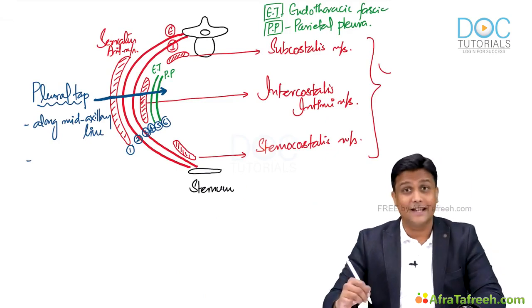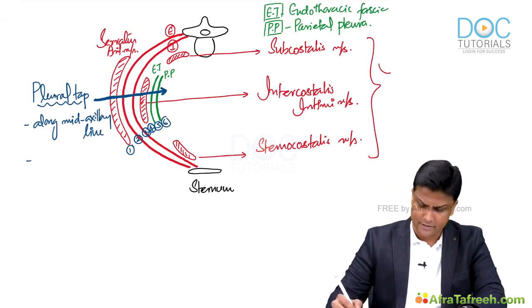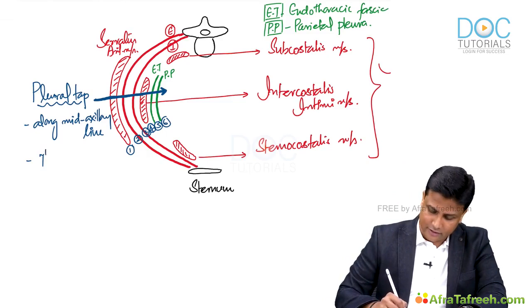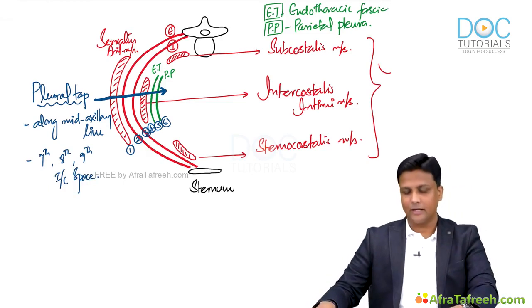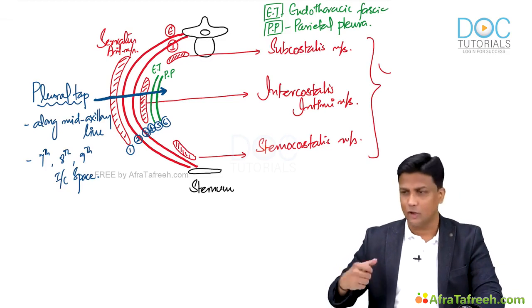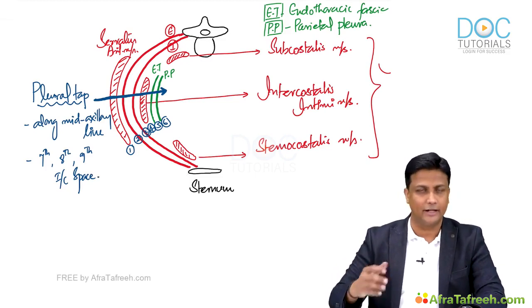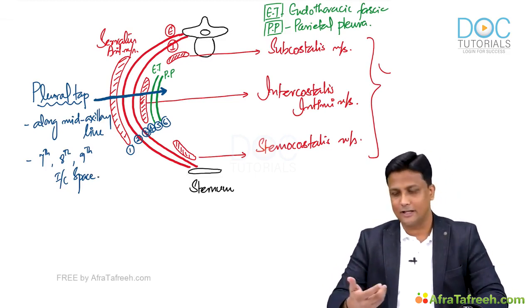And then where exactly? In which intercostal space? You can do it in the 7th, 8th or 9th intercostal space, and from there you can aspirate the fluid out.